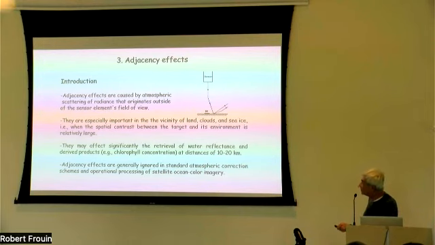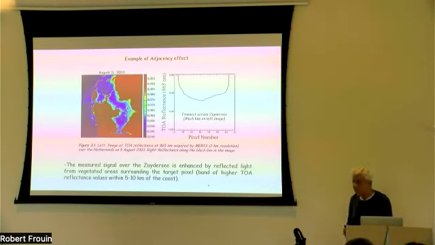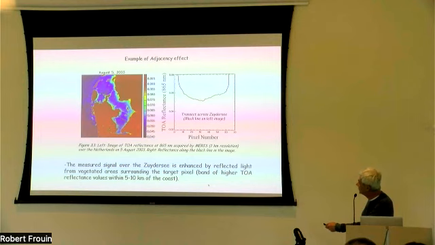And they are generally ignored in standard atmospheric correction schemes and operational processing of satellite ocean color data. So you just have to be very careful when you look at some imagery in the coastal zone, because you may say, oh, some effects of gradients, maybe an interesting phenomenon. But be careful, because this could be due to the adjacency effects. This is an example of adjacency effect, in Belgium, the Netherlands.